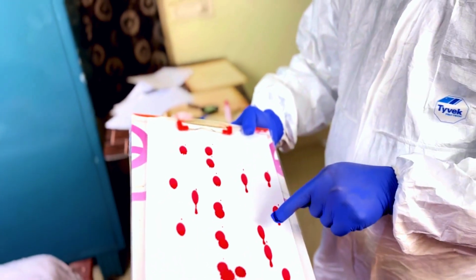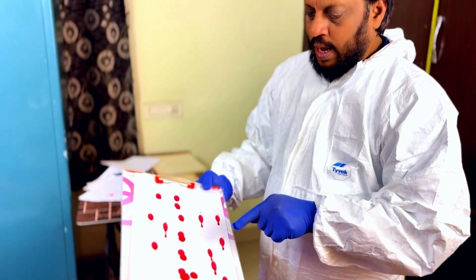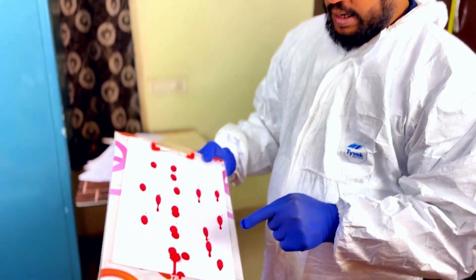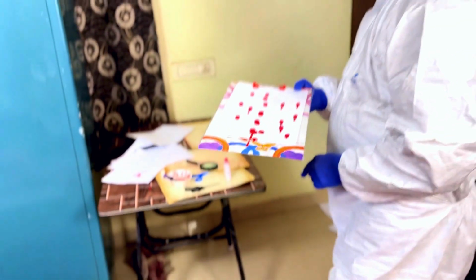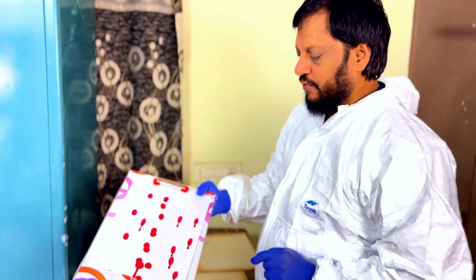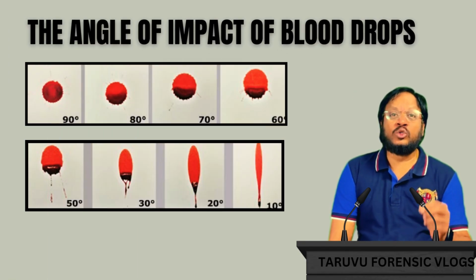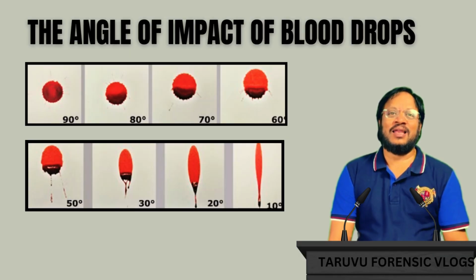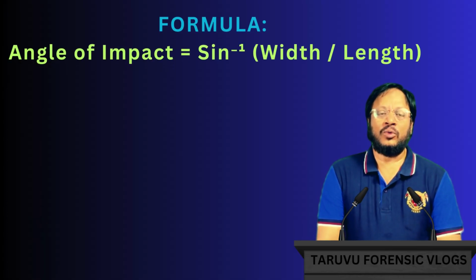So these droplets can give angle of impact. By taking width and length of the droplets, we can calculate the angle of impact. This tells us how steep or shallow the blood droplet struck the surface. The more elliptical the stain, the smaller the angle. Use the formula: angle of impact is equal to sine inverse of width by length.